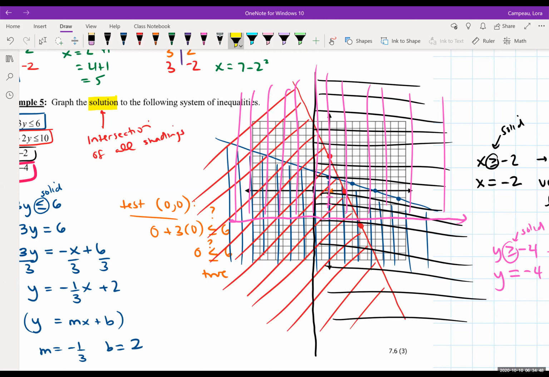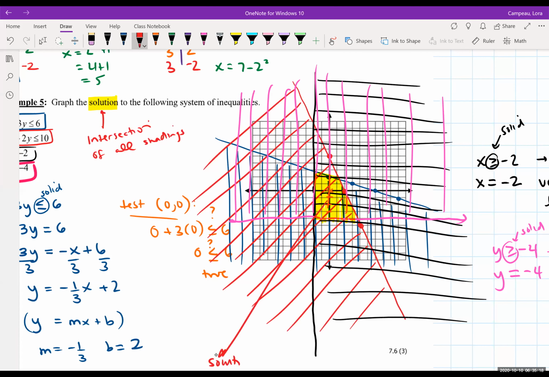So everything to the right of x equals -2, everything above y equals -4, and everything overlapping with the blue and the red. So it's kind of like a trapezoidal region. You would have to either highlight it or be able to point to it, and it's going to be a little difficult here. But that would be our solution.